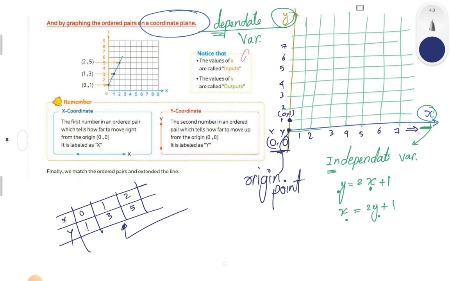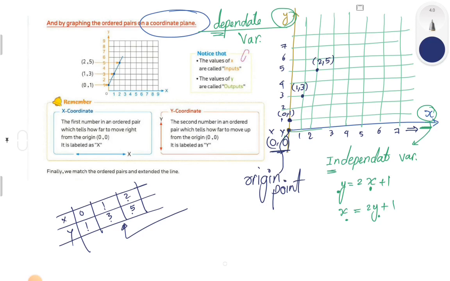Okay, again 1 and 3, 1 on the x-axis and 3 on the y-axis. So this point is 1 and 3. Okay, next one, 2 and 5, 2 on the x-axis and 5 on the y-axis.